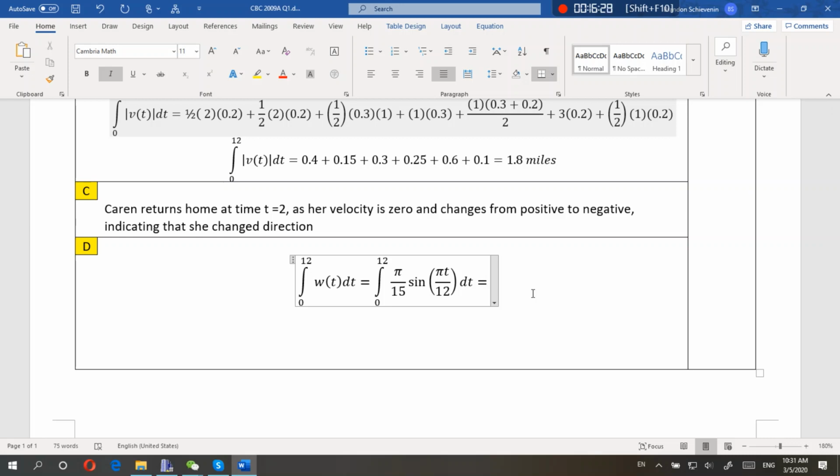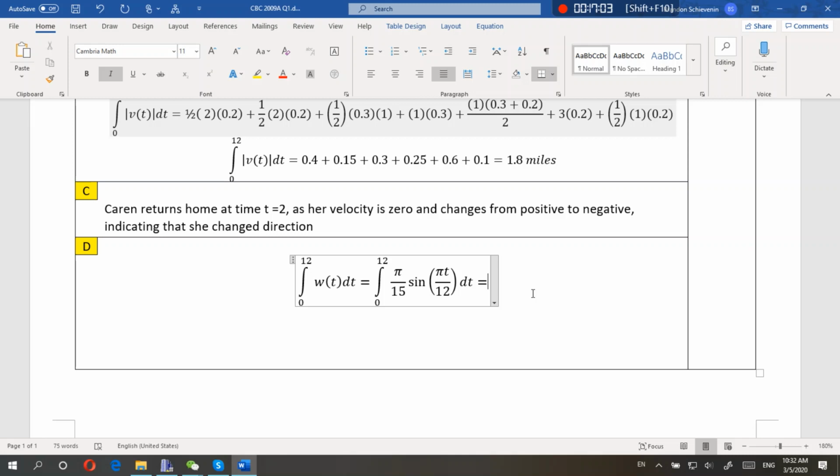So what happens when you integrate W(t) for a general form? They would probably take it if we just plugged into a calculator, but they did ask us to show the work, so I'm going to integrate this by hand.